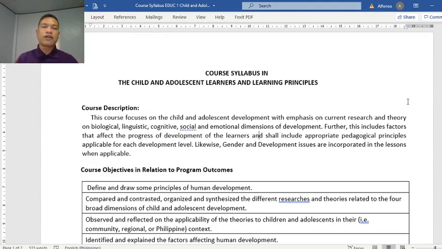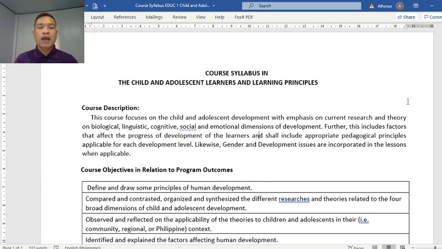We are at the front line of providing building blocks or the foundation for how a child, a learner can become an asset or a liability of our country.